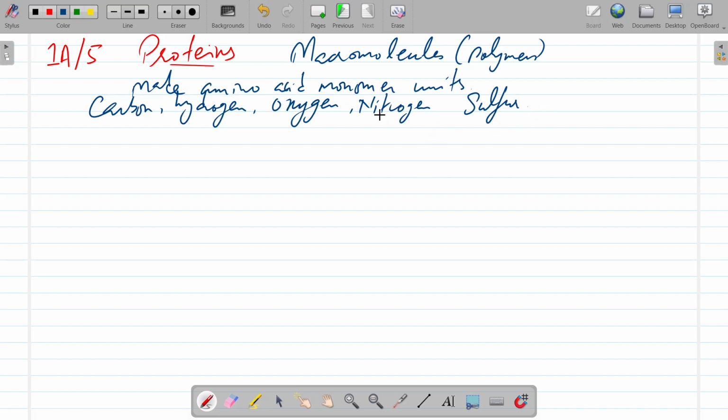Okay, so they're called amino acids, and so what they look like, you have, let's say, a carbon molecule here, and the way it's written is NH2 and a COOH, a hydrogen here.